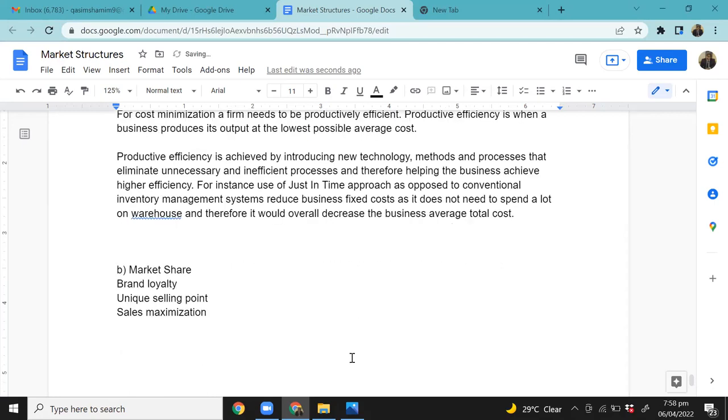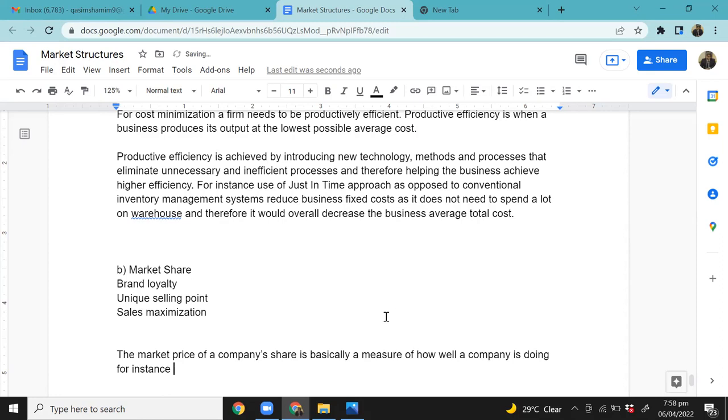So the market price of a company's share is basically a measure of how well a company is doing.